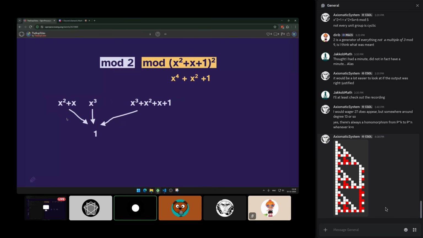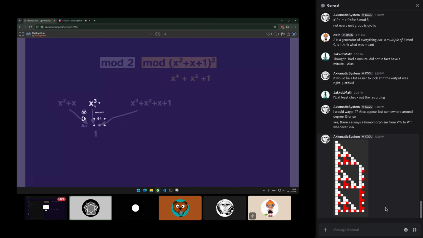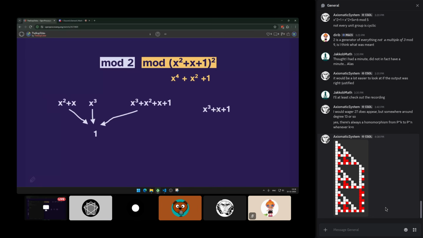Okay, never mind. Like if we wanted to view, for example, x cubed plus x plus 1, where does this square to? We would get x to the 6th plus x squared plus 1.